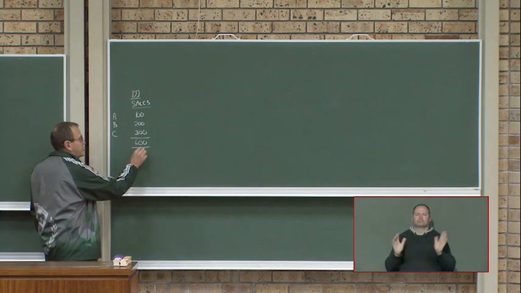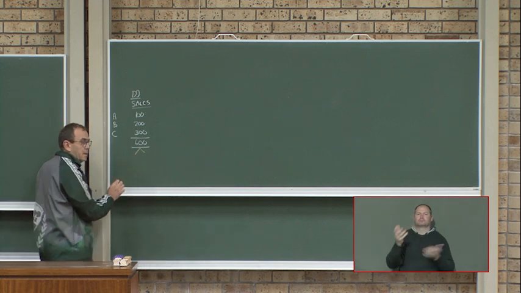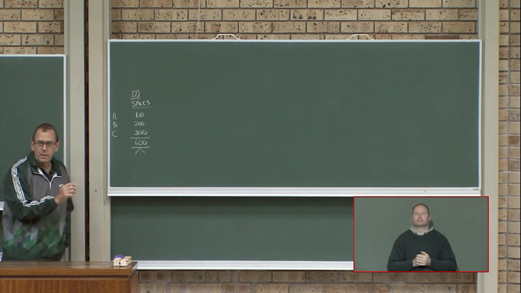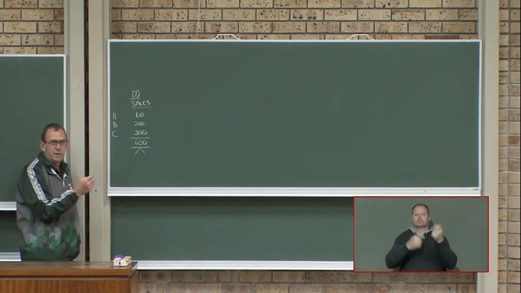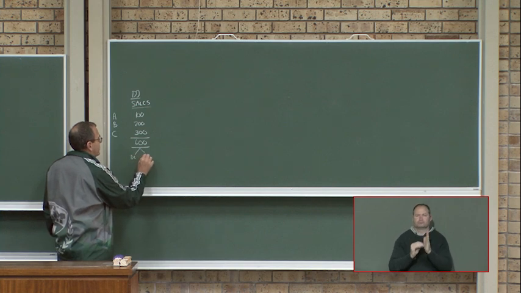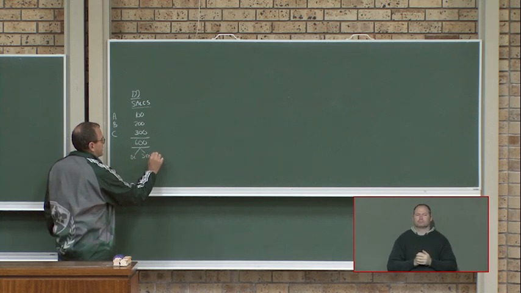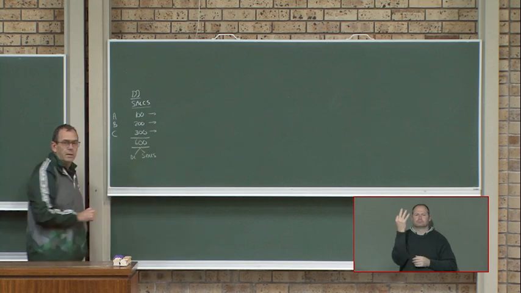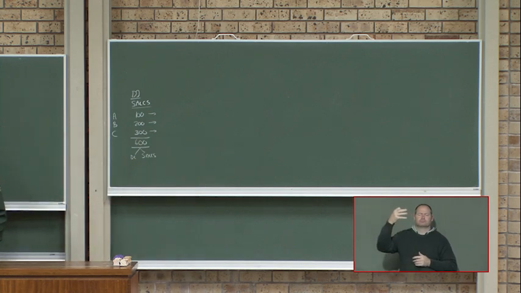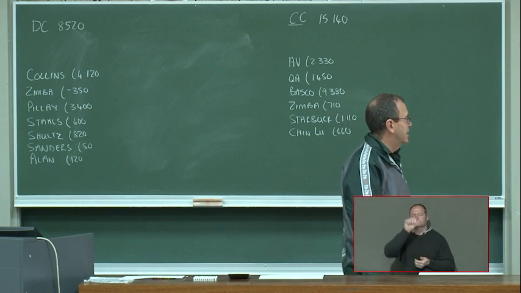The 600 goes where? To my debtors control and sales. Am I right? So that one goes to debtors control and to my sales. And what happens to these 3 figures? They go to the debtors ledger. Am I right? So we will post it to A, B, and C, the 3 debtors.